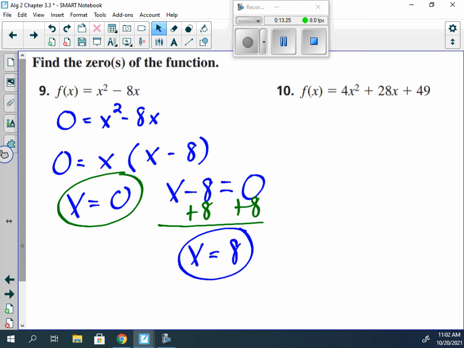If I do have a polynomial where I have no constant term, what do we think one of the solutions is going to be? 0, because if every spot in the polynomial function has a variable, an easy way to cancel them all out is just plug in 0. So if there is no constant term, just a number, then most likely 0 is going to be a solution.